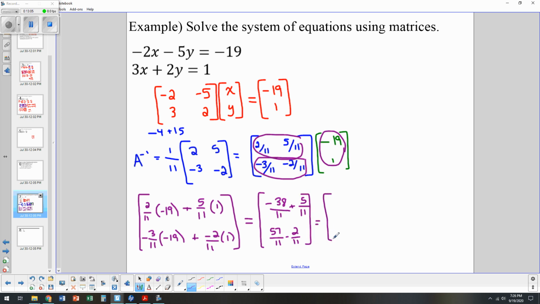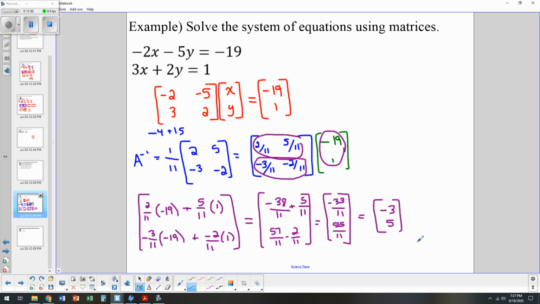So that's really negative 33 over 11. And that's really 55 over 11. And now you could see 11 goes into both of those evenly. So our answer is really negative 3, 5. So the solution to the system of equations is x is negative 3, y is 5.